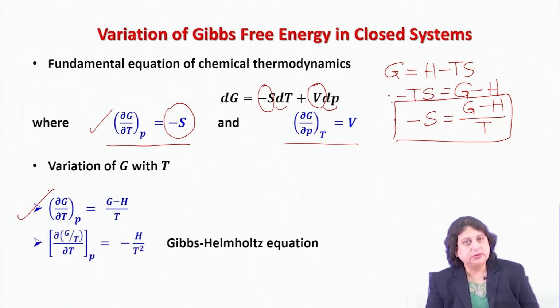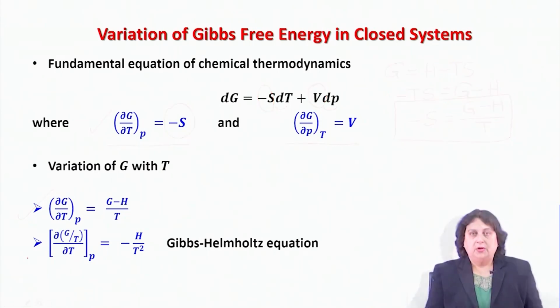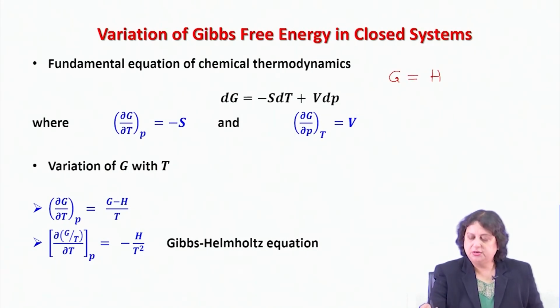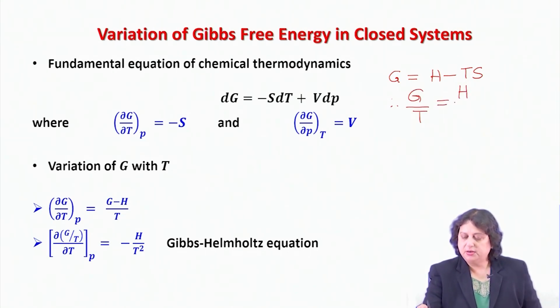Now, I can also write down the variation of G with temperature in a little different way. What is G by T? Following the definition of G, I can say that G is equal to H minus TS. Therefore, G by T is equal to H by T minus S. So, what is minus S?